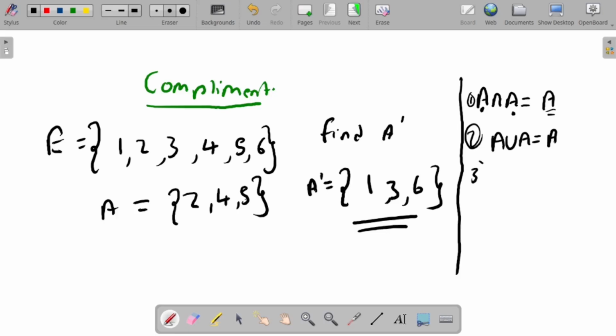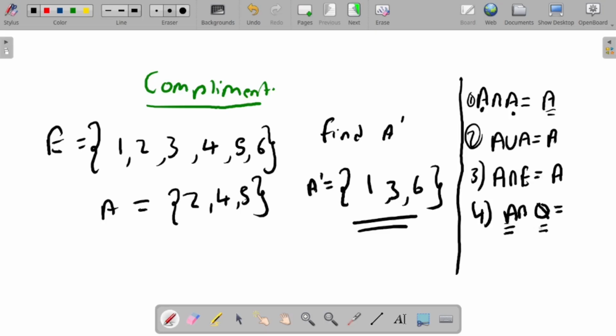Then if I've got 3, A intersection E. In this case, E is the universal set. You will realize that since A is a subset of the universal set, if I find the intersection, the answer is just going to be A. Then the fourth one, if I've got A intersection an empty set, what is common between set A and an empty set?